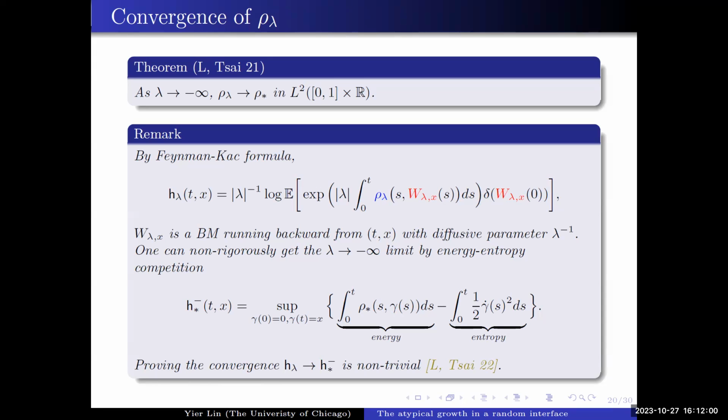I want to understand the asymptotic limit as lambda goes to minus infinity. The limit has two steps. The first step is at a more heuristic level: the limit should just be obtained by replacing this rho lambda by its limit, then doing the same computation.